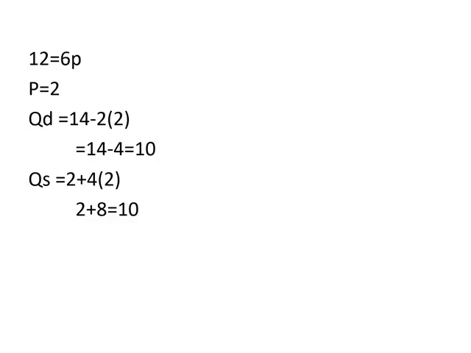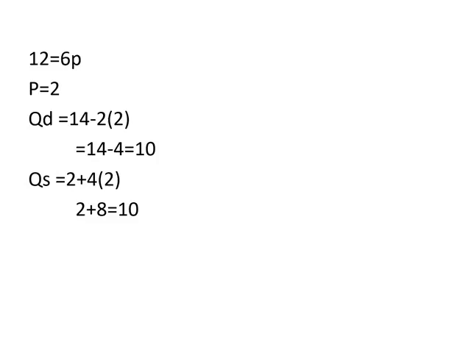Very simple. I'm going to substitute also in QS. So QS equals 2 plus 4 times 2. 2 plus 8 equals 10. So we have QD equals 10, QS equals 10, which is logical. Why? Because we are calculating market equilibrium, which means the intersection between QD and QS.